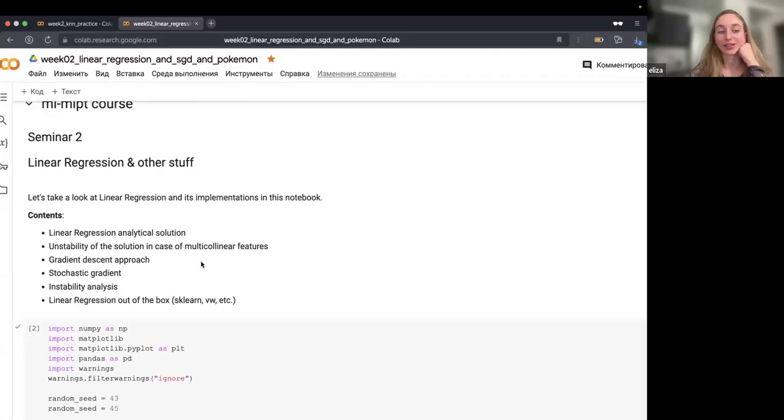Okay, let's start. Today we will talk about the linear regression algorithm. And if we hurry up, I hope we will discuss the k-neighbor classifier at the end of this seminar.